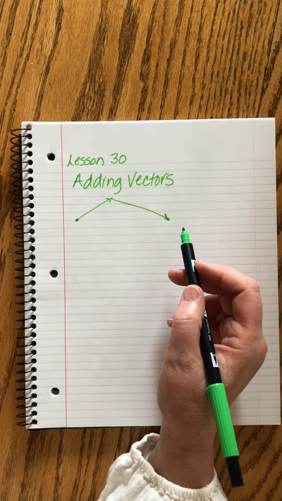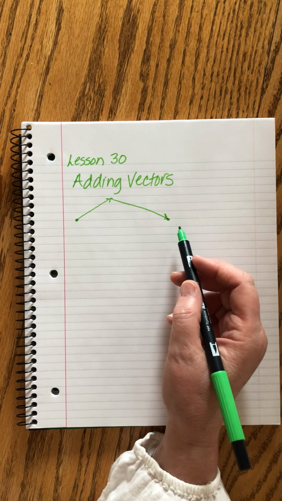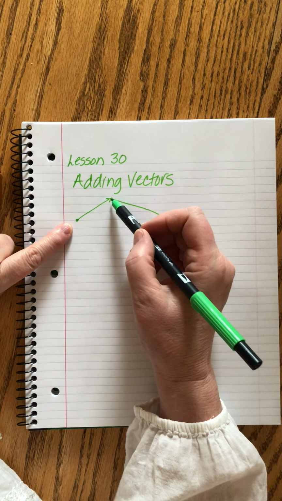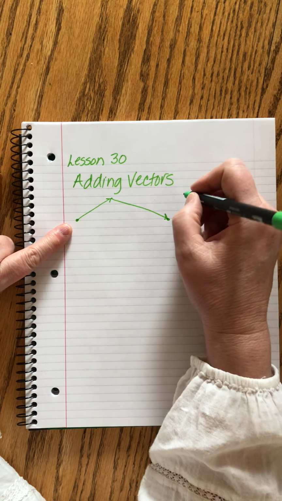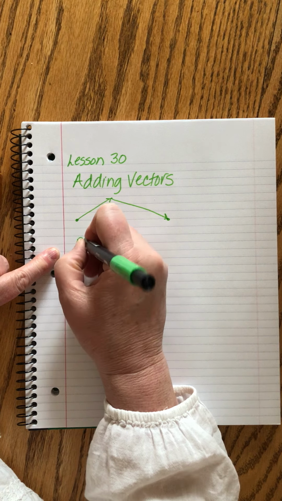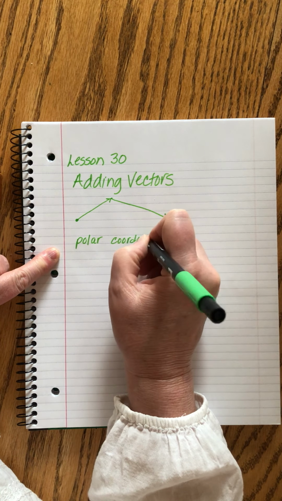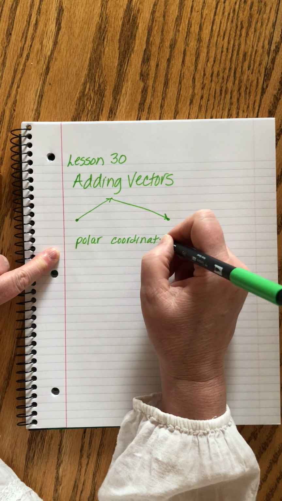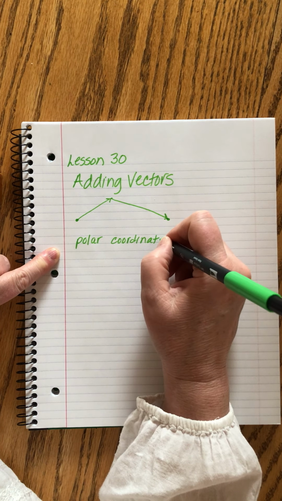Now, the way that we do this involves several steps, because what often happens is we're given the original forces, the original vectors, as polar coordinates. That's often how this starts. Polar coordinates have a force and a direction.